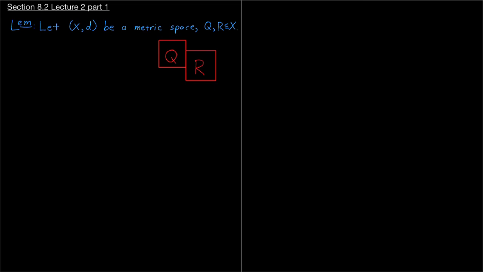And the conclusion is that if you look at the boundary of Q and R, you can see on this picture, every point that's on the boundary of their union is on the boundary of one of the two sets that you started with.